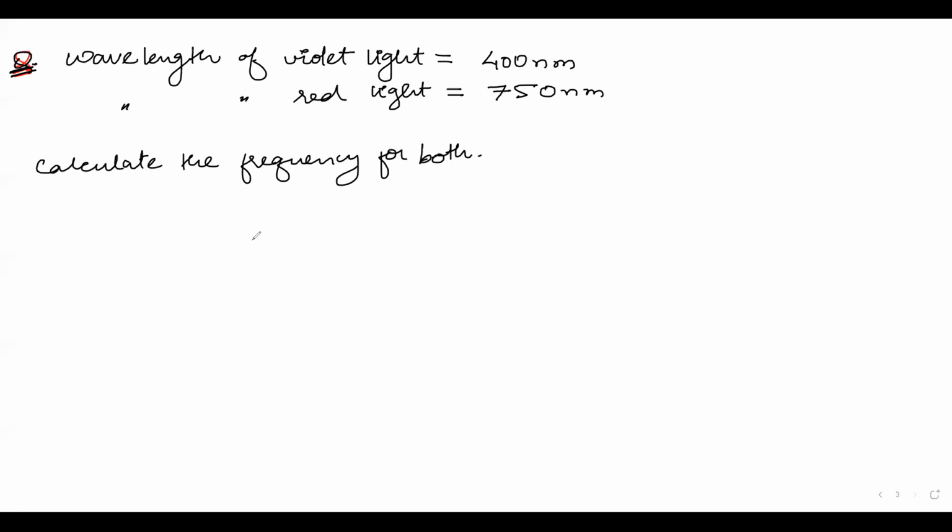Okay. So 1 meter is equal to 10 to the power 9 nanometers. So that's why we can say 1 nanometer is equal to 10 to the power minus 9 meter.